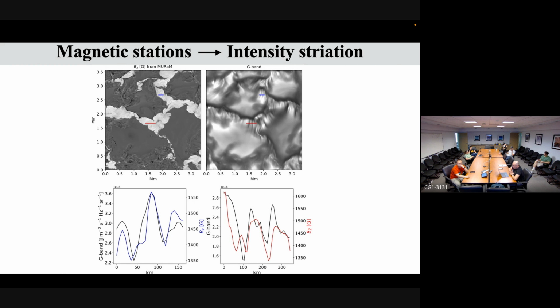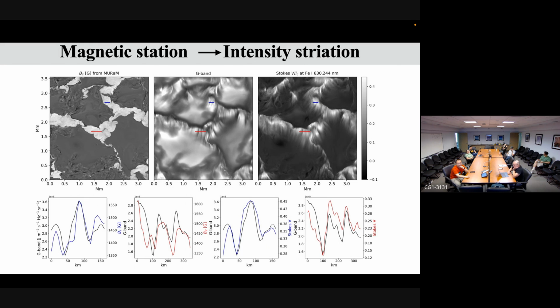And they are clearly correlated, which means that dark striations in G band correspond to the lower magnetic field in BZ. So magnetic field variation produces these G-band striations.